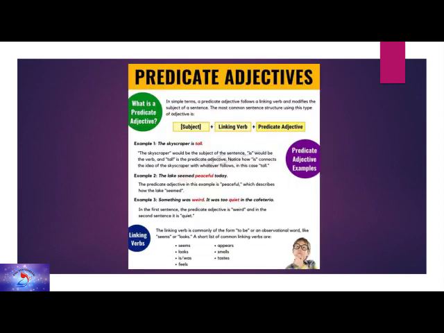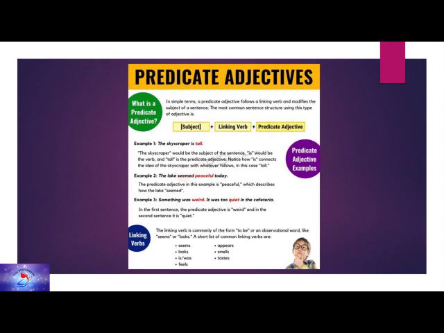So predicate adjectives. In simple terms, predicate adjectives follow a linking verb and modify the subject of a sentence. The most common sentence structure using this type of adjective is subject plus linking verb plus predicate adjective. So this is the formation of the sentence. You can just see in this: the skyscraper is tall.